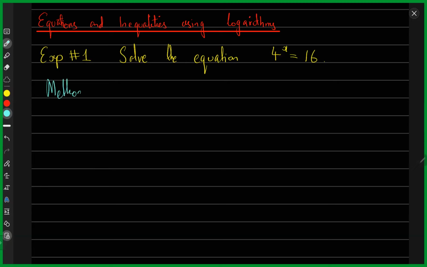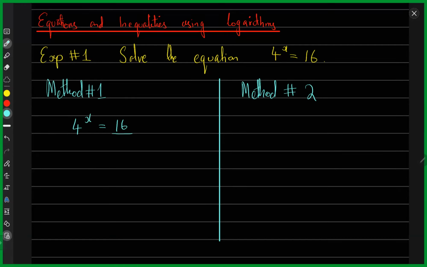Method number 1, and then I'll be doing it through method number 2. Okay, if I talk about method 1, it is 4 power x equals 16, and I know that I can certainly write down 16 in terms of 4.